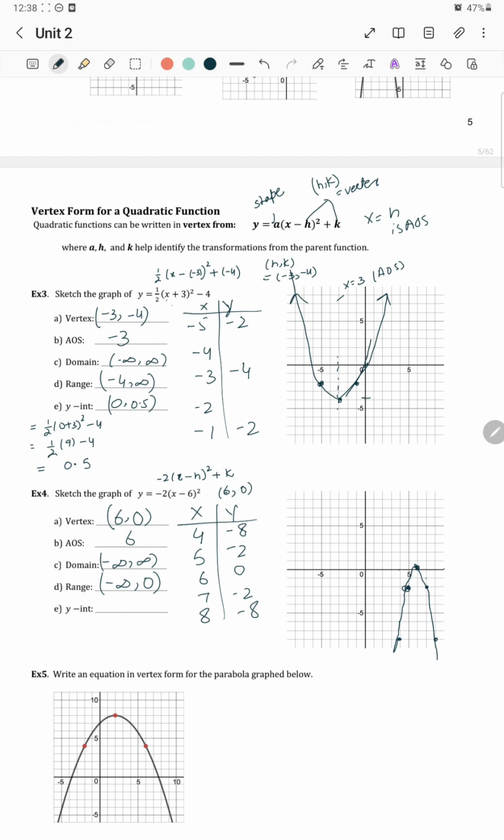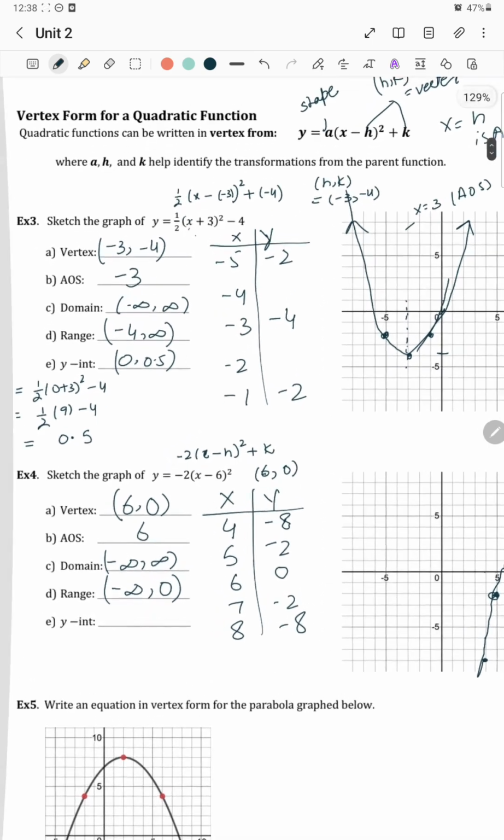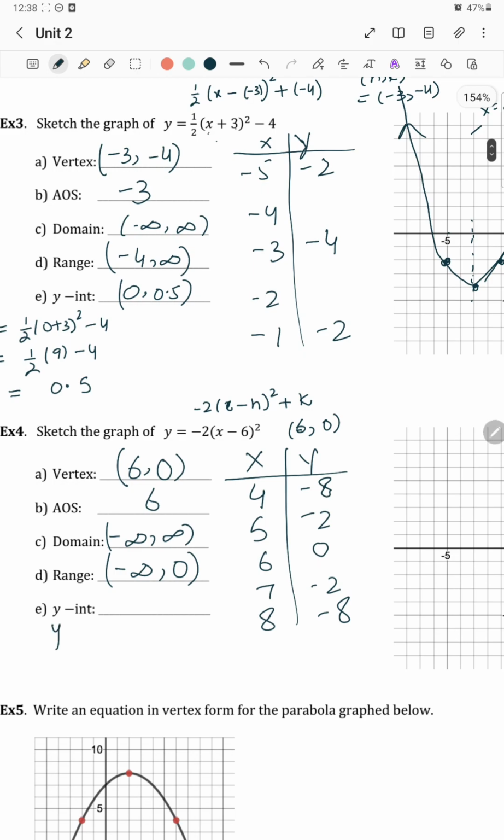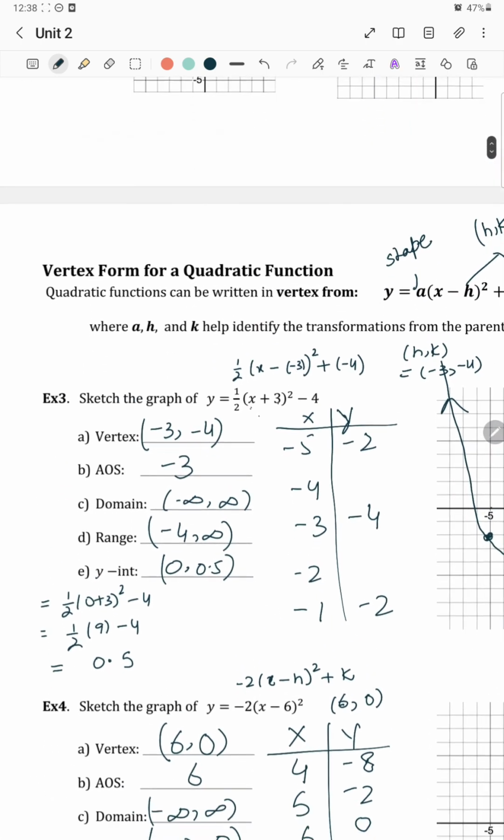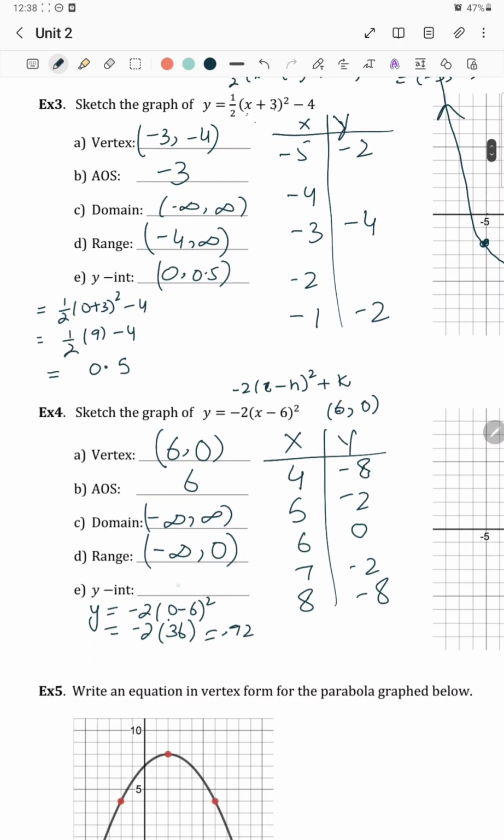To find the y-intercept, put x equal to 0, which gives minus 72. So the y-intercept is x equal to 0 and y equal to minus 72.